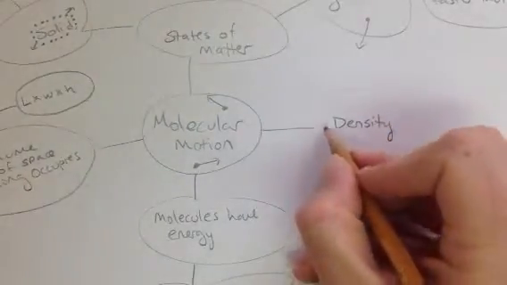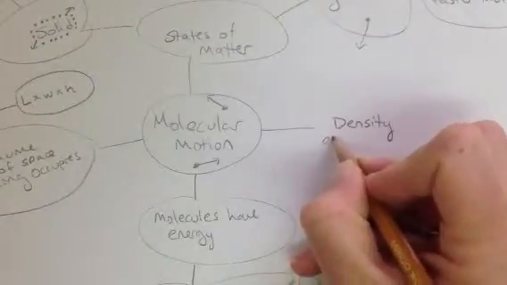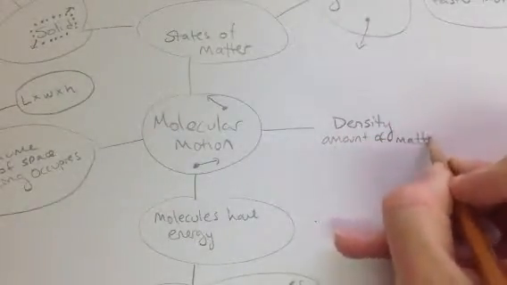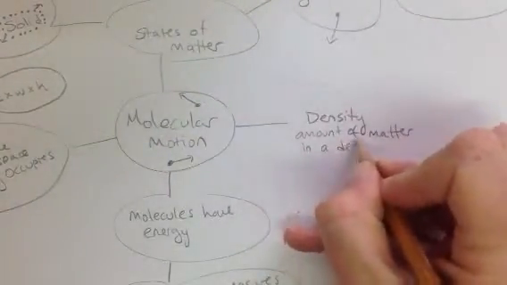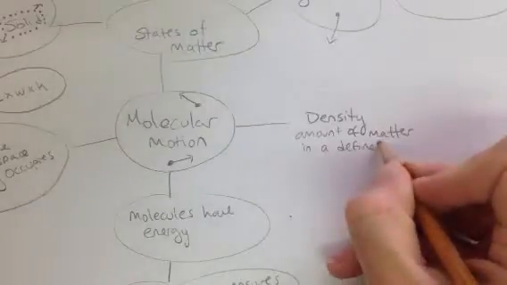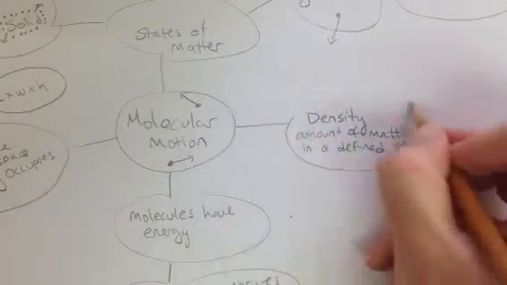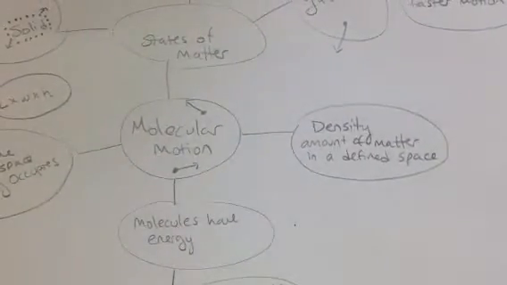And I know that density is amount of matter, amount of stuff in a defined space, in a specific space. All right, so the amount of junk that I have in a box, it can be density.